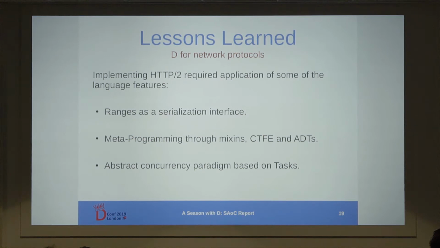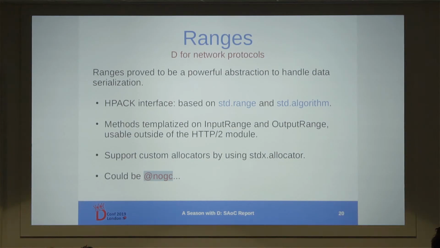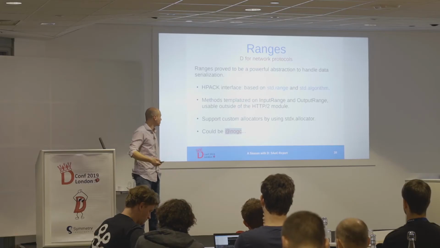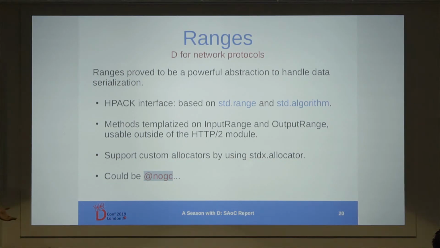We use ranges as a serialization interface, and they are one of the reasons why I think D was great for implementing a network protocol, because ranges allow us to provide a powerful abstraction and write a module which seamlessly integrates with all the other stream data structures which are part of Vibe.d. And we can support custom allocators, which means you don't have to depend on the garbage collector. You can use your own allocators.